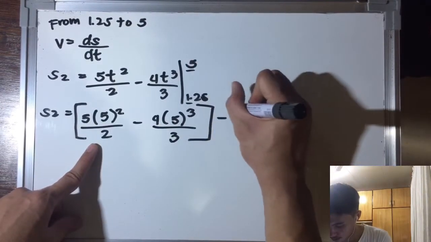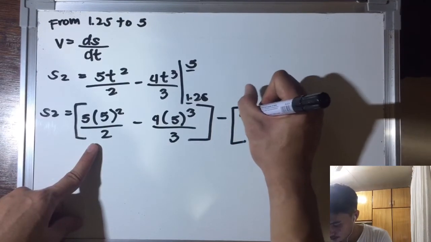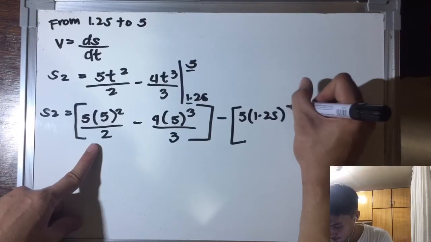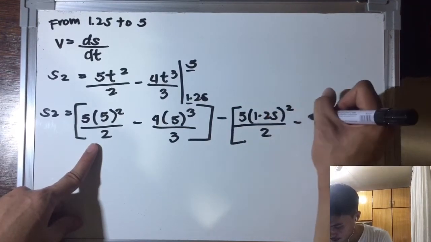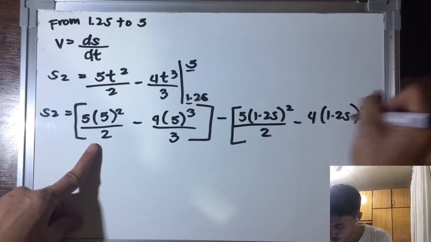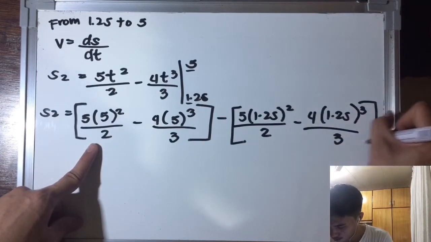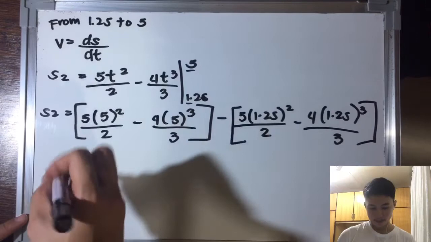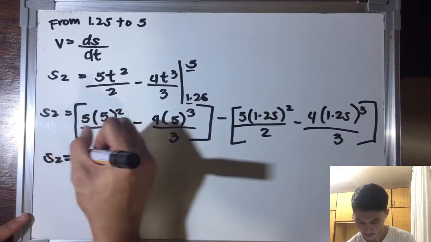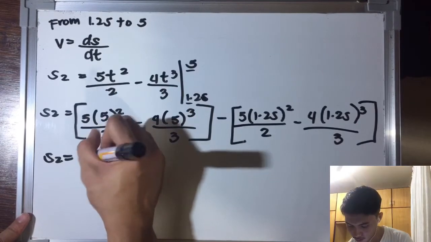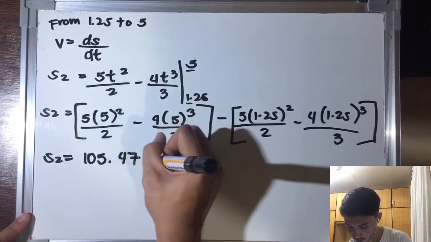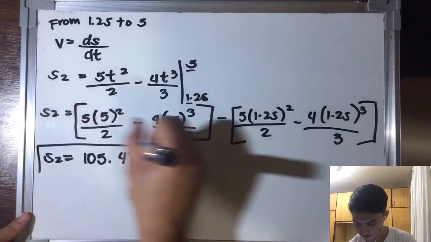So again, substitute the value of t. This time we are going to substitute 1.25 squared over 2 minus 4 times 1.25 cubed over 3. So calculating this equation will give us the value of our second position, or S2, which is 105.47 meters.